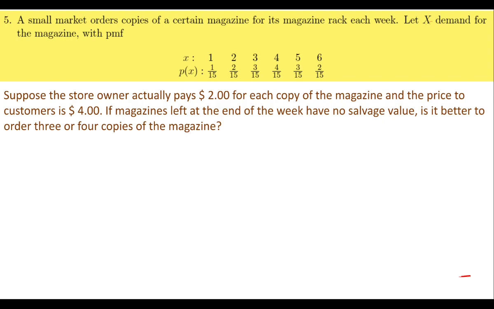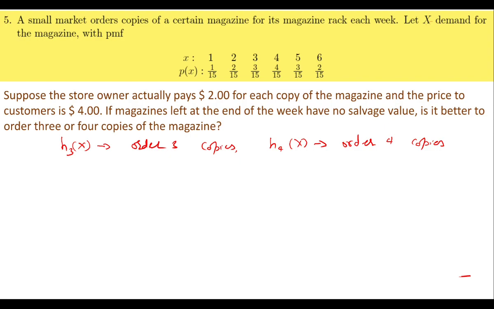So we need to compute the expectation when he orders 3 copies and when he orders 4 copies. Let h3(x) represent the function of x when he orders 3 copies, and h4(x) represent it when he orders 4 copies. Now profit depends on the demand.